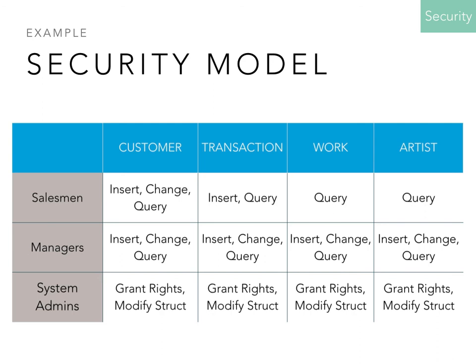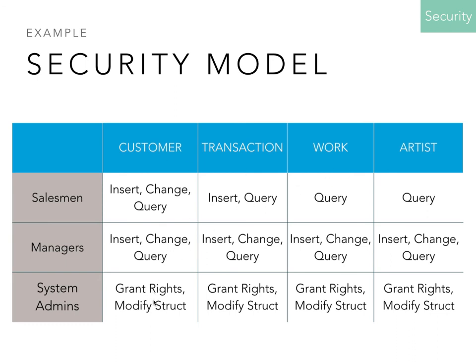This is an example for a database they had in the chapter. The role is here, and the tables are up here. So the salesmen have insert, change, and query permissions on customer, insert and query on transaction, but only query on work and artist. Whereas the managers have insert, change, and query access on all of the tables.